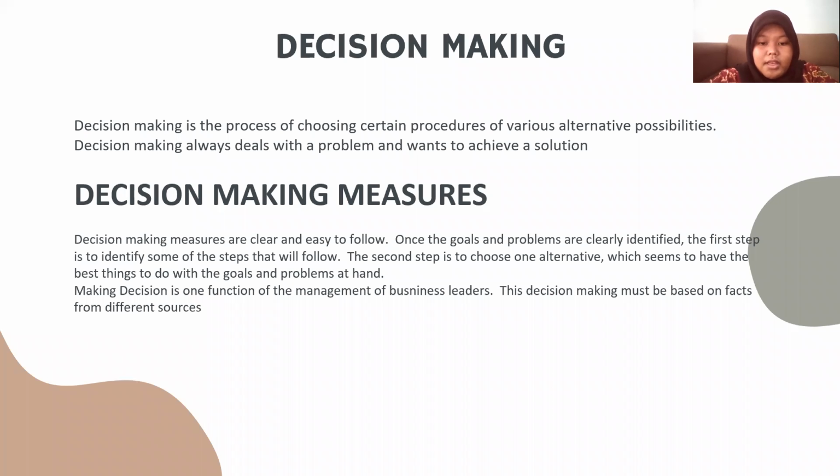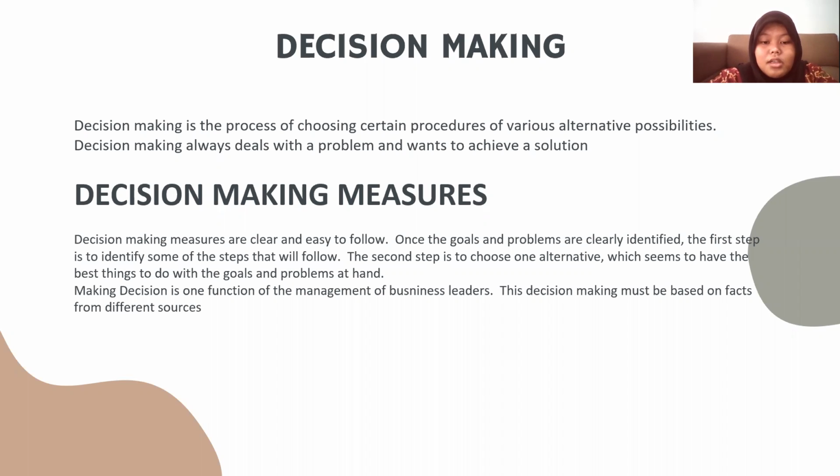The first material we will discuss is about decision making. Decision making is the process of choosing a certain procedure from various alternative possibilities. Decision making always deals with a problem and wants to achieve a solution.